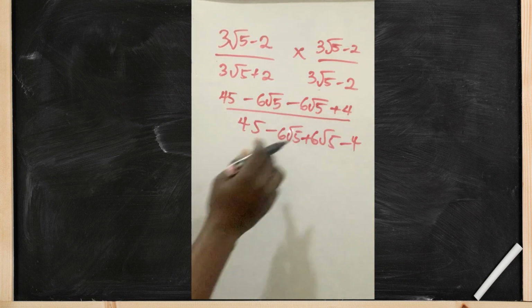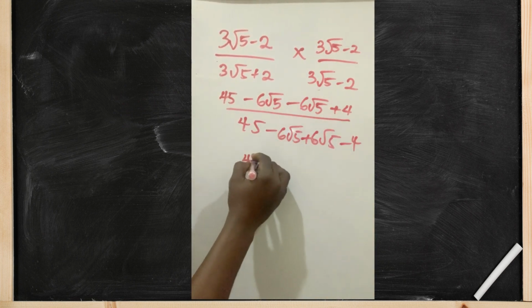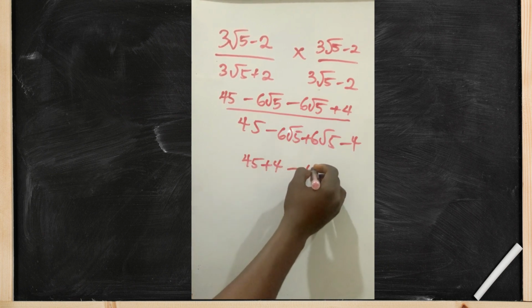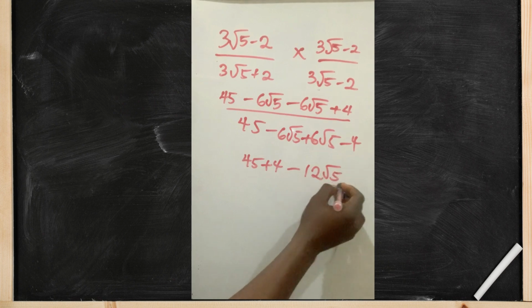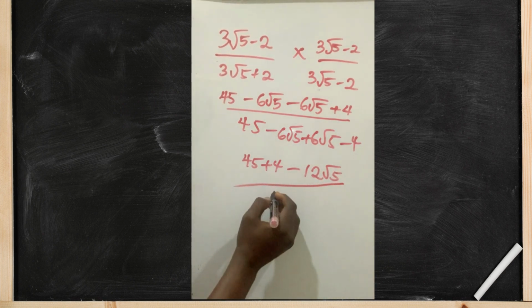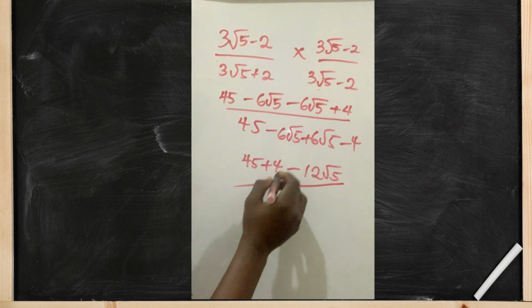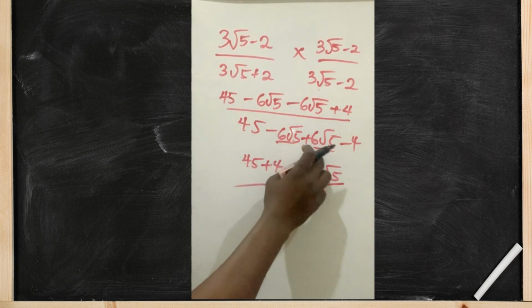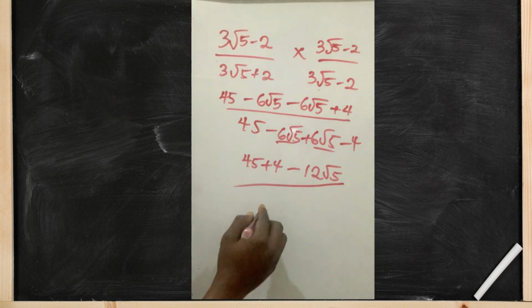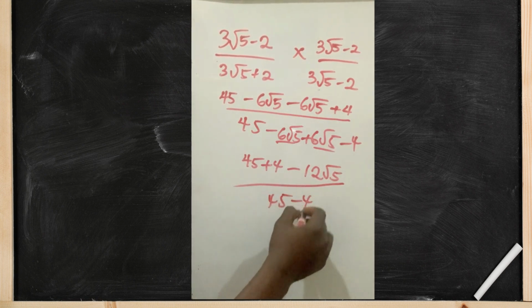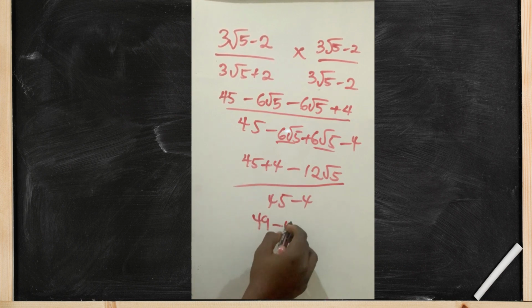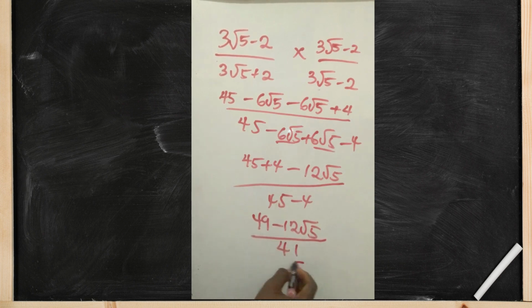By the time you collect like terms at the top, you have 45 plus 4 minus 12 root 5, divided by, these will eliminate themselves. Minus 6 root 5 plus 6 root 5 will become 0. So you're having 45 minus 4. This plus this will give you 49 minus 12 root 5 divided by 41.